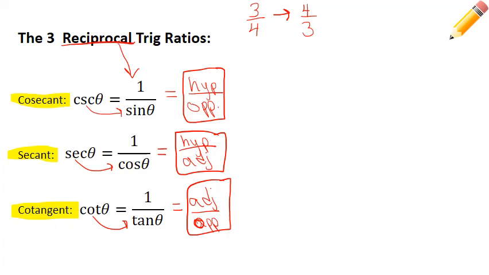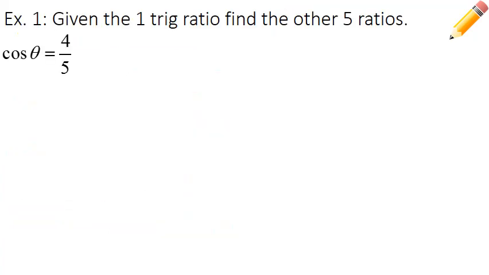So let's look at what we would do with these trig ratios in some examples. Example number 1: given the one trig ratio, find the other 5 ratios. So we've been given that the cosine of theta is equal to 4 over 5. So before we do anything, we need to find out that third side of a right triangle in order to use all 5 of our trig ratios.